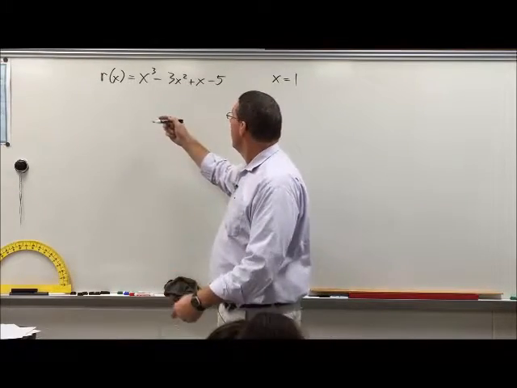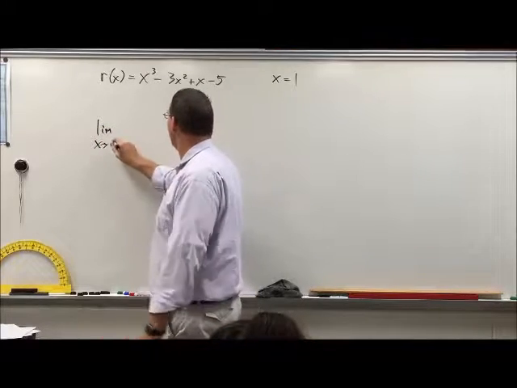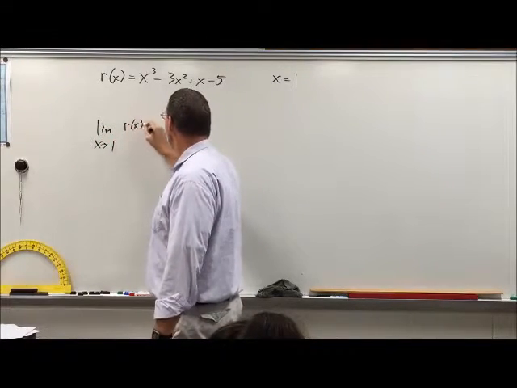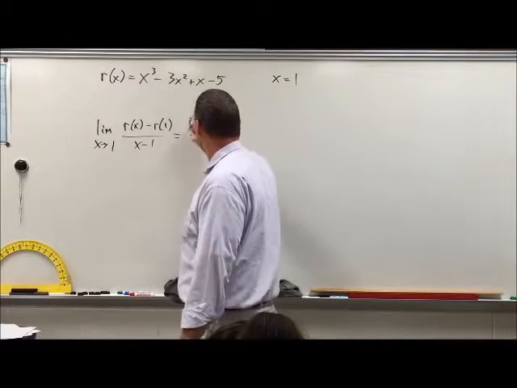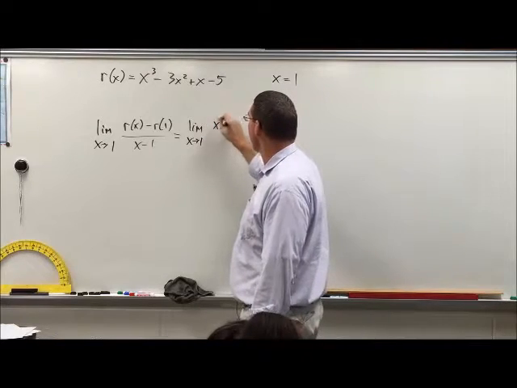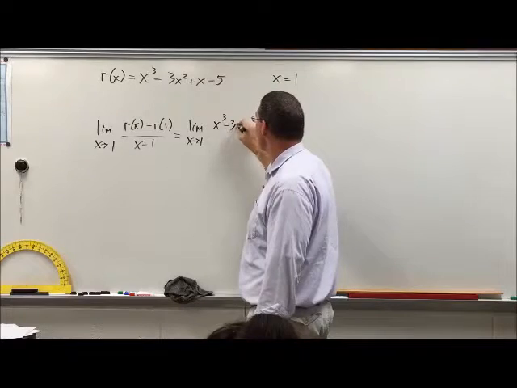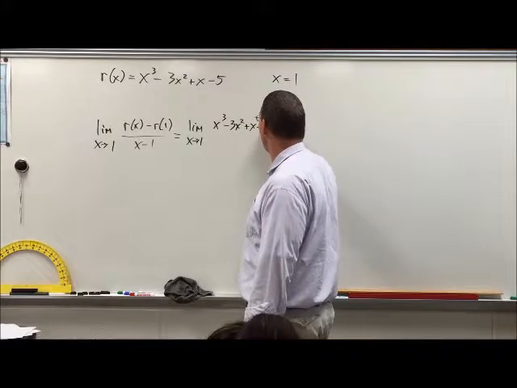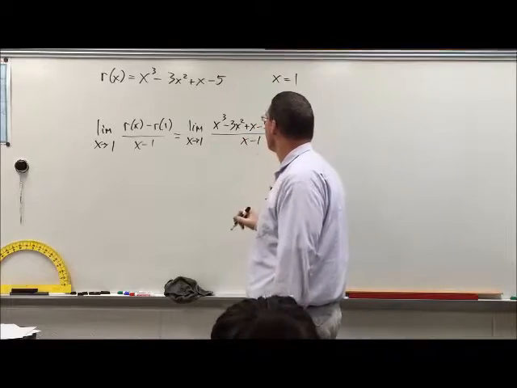Okay, so I'm going to do the limit as x approaches 1 of r of x minus r of 1 over x minus 1. All right, so limit as x approaches 1. R of x is x cubed minus 3x squared plus x minus 5 minus some output value over x minus 1.